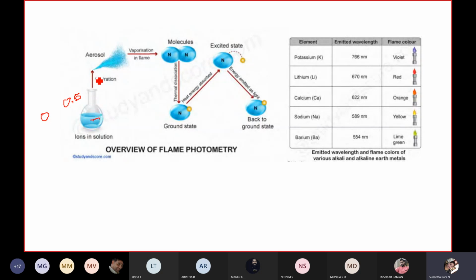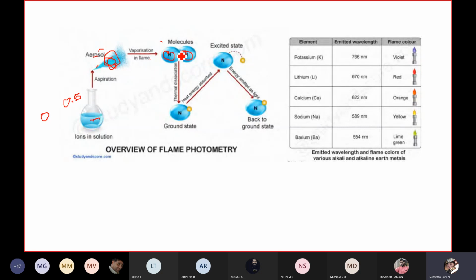Take that standard flask. This is called the aspiration. Aerosol means a mixture of both solution and atoms in molecules. When it undergoes vaporization and these vapors reach the flame, the molecules are joined together in nature.